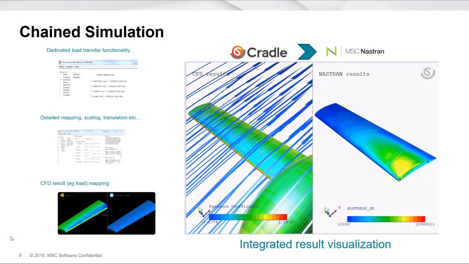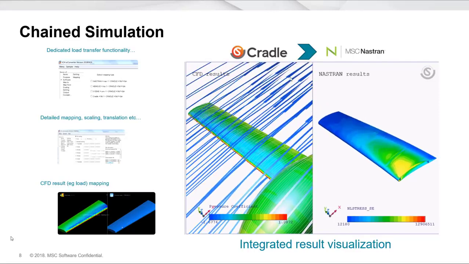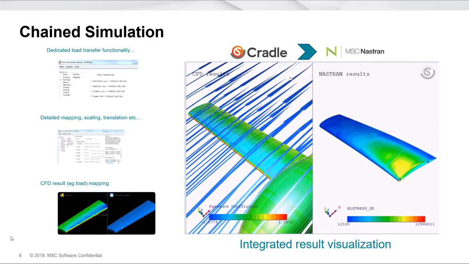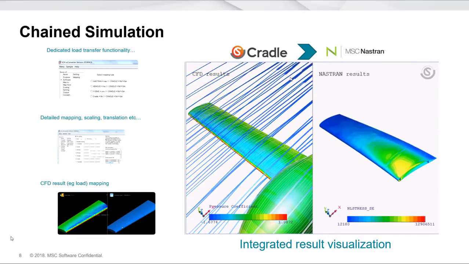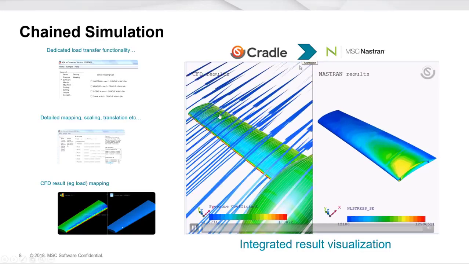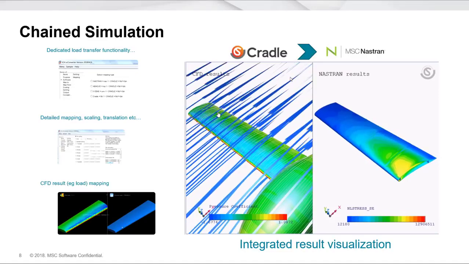Chained simulation. A real simple example here between MSC Cradle CFD and Nastran. From within the environment within Cradle, using the UI, we can simply identify an area of interest, a region, and then transfer the loads, the results from that region, into another tool like Nastran, as you can see here.